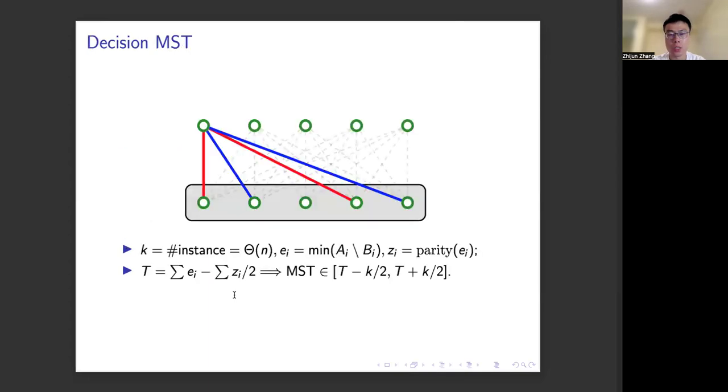To see why, let's go back to this construction here. Let K be the number of instances, that is also the number of top vertices here. E_i is the mean element in this A_i minus B_i for the ith instance, and let Z_i be the parity of E_i.